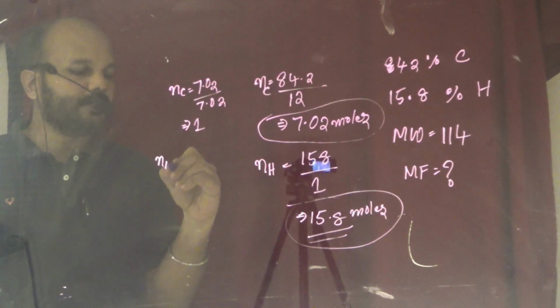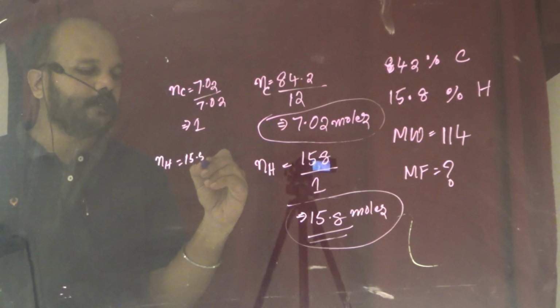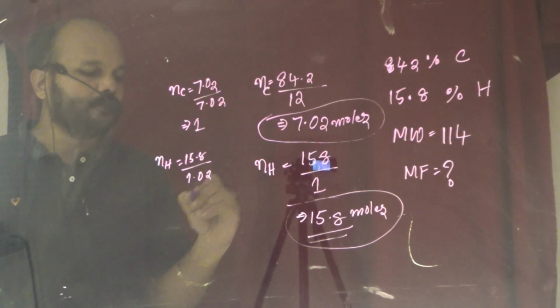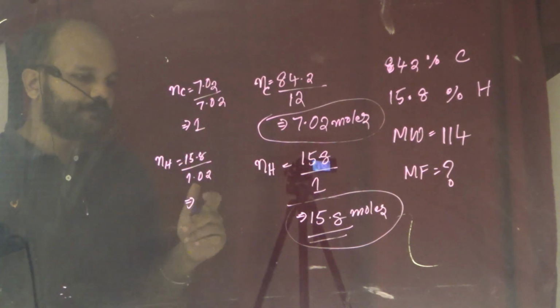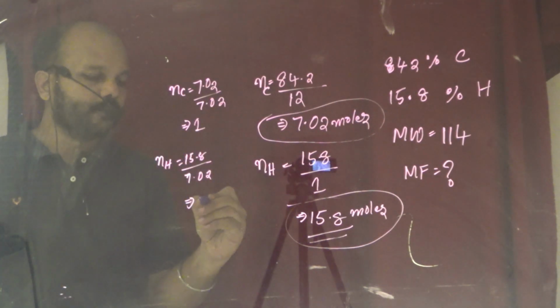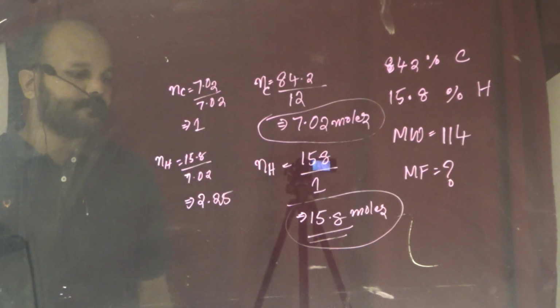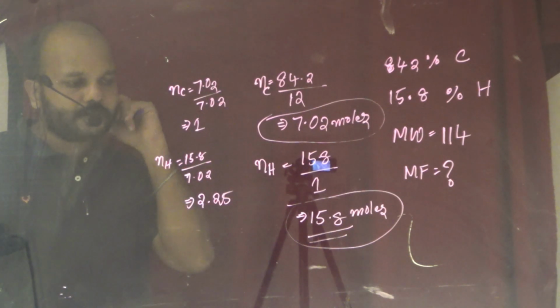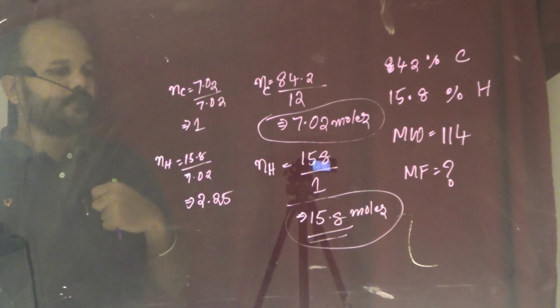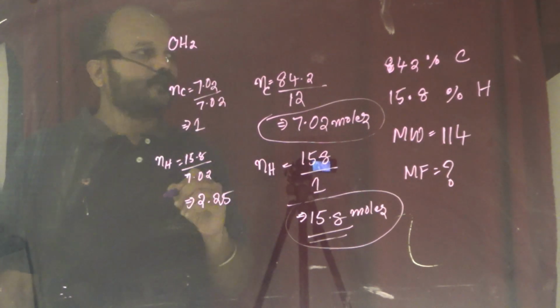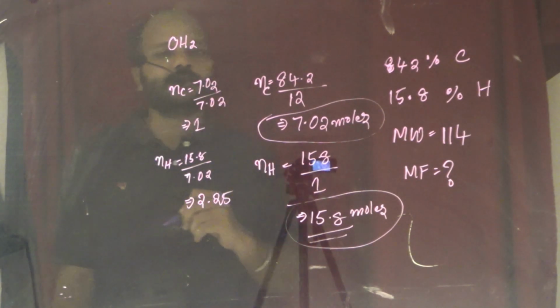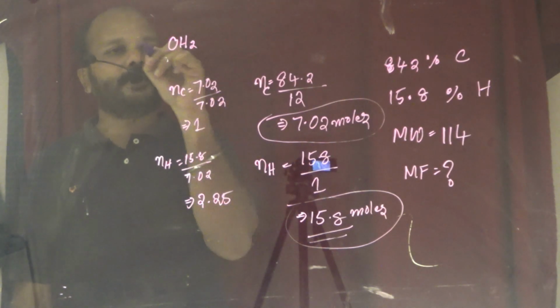For hydrogen, it is 15.8 divided by 7.02, so you will get roughly around 2.2. So we can round it to CH2. So the empirical formula is CH2.